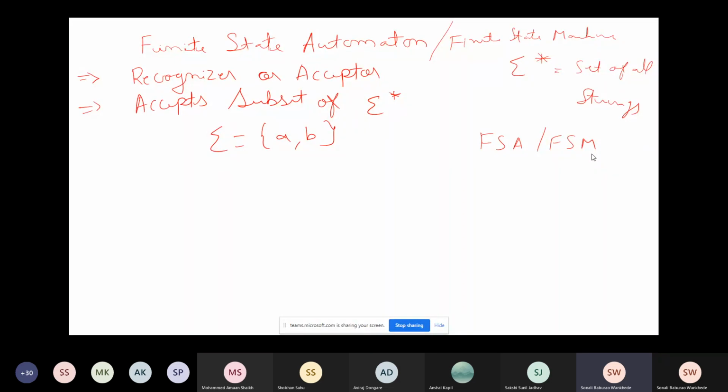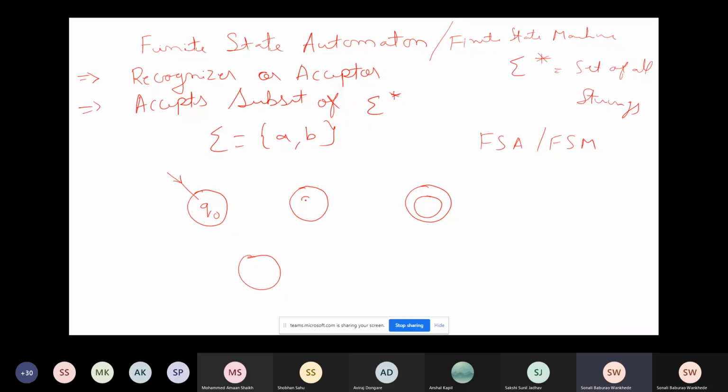Okay. So consider a transition diagram. We have a transition diagram over here. For example, I'm having 4 states. Now consider I'm having 4 states and my final state. This is my final state. This is my initial state, Q naught.